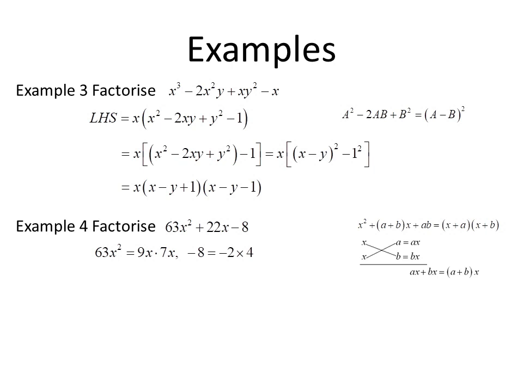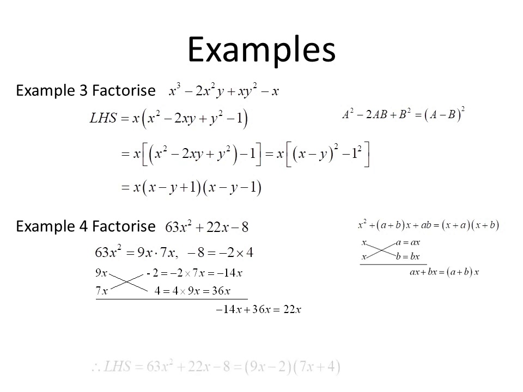Then we try different combinations of these factors and see if they can match the linear term of 22. Fortunately, we find a combination which satisfies the requirement as shown on the screen. So the expression can be factorized as (9x minus 2) times (7x plus 4).